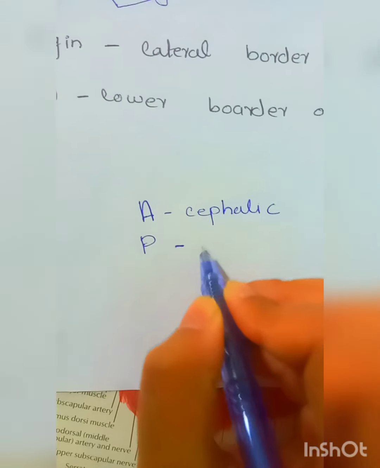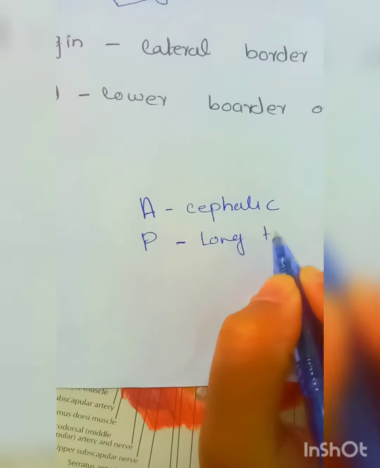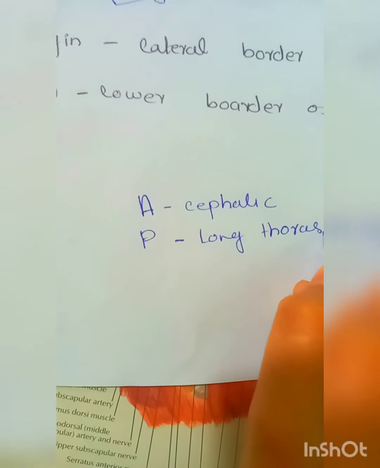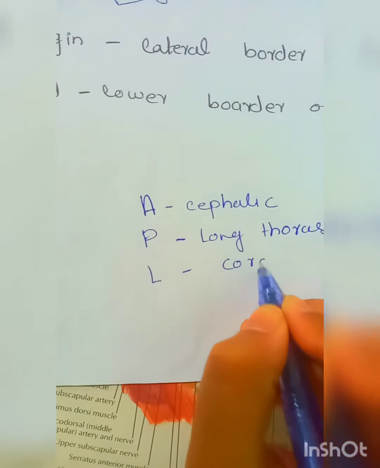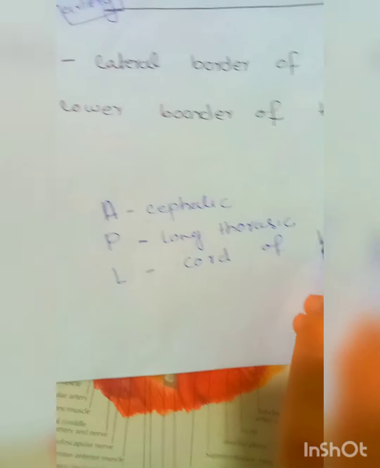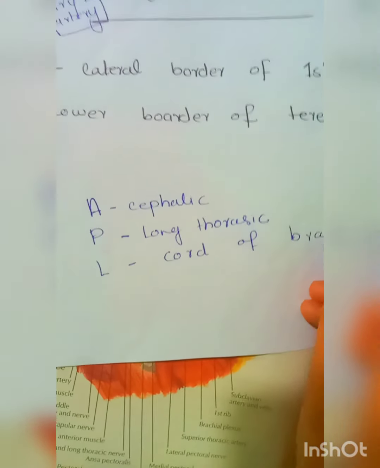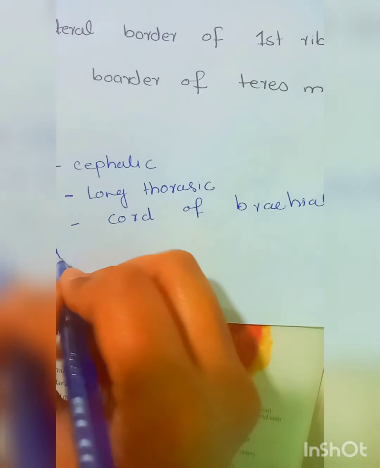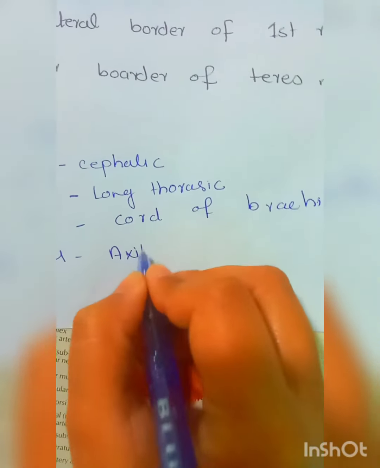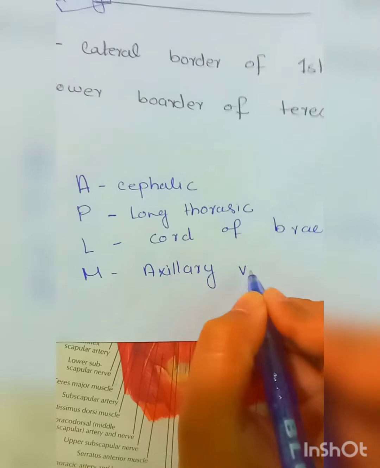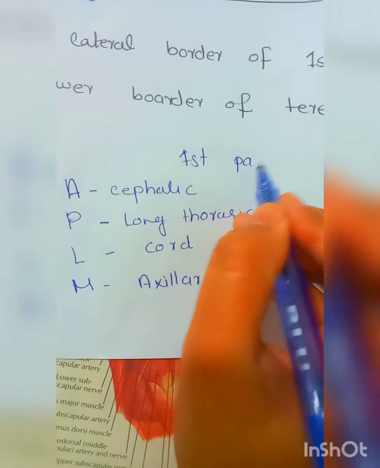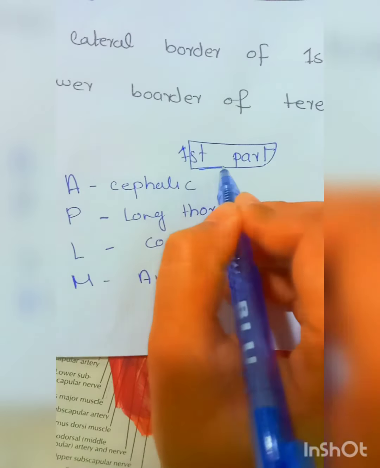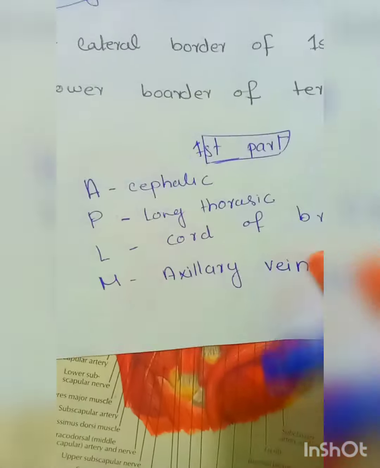Posteriorly, the long thoracic nerve is passing behind the first part of the axillary artery. Laterally, the cords of the brachial plexus. And medially, the axillary vein. This is the relation of the first part of the axillary artery.